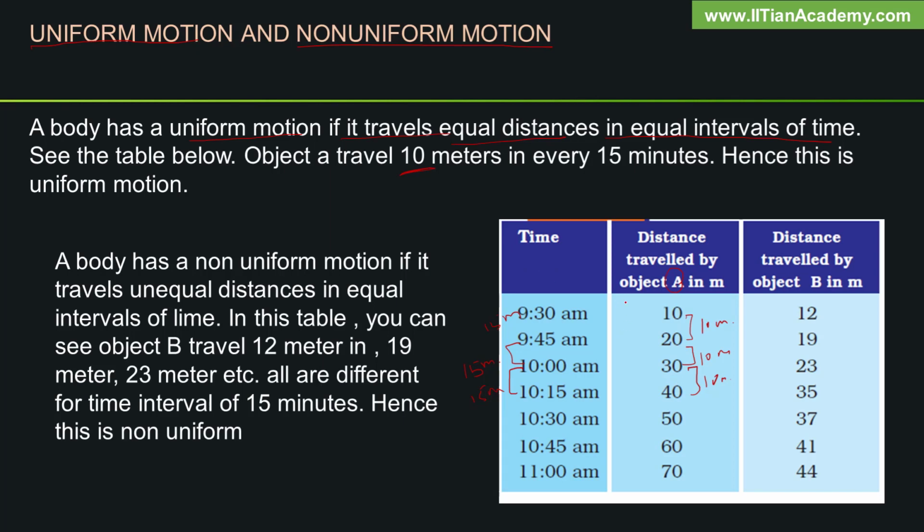A body has non-uniform motion if it travels unequal distances in equal intervals of time.